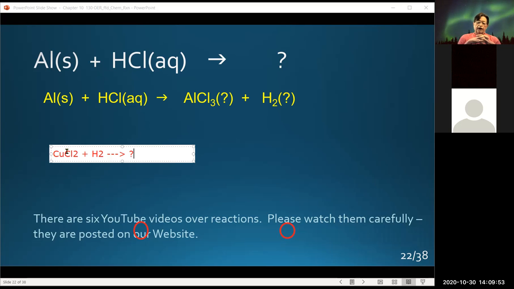What do you think? Would that reaction proceed, given the activity series that you have?